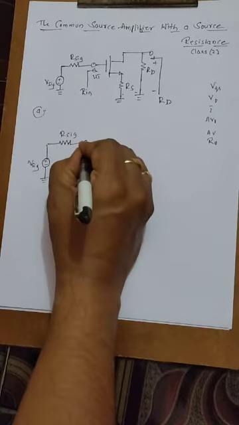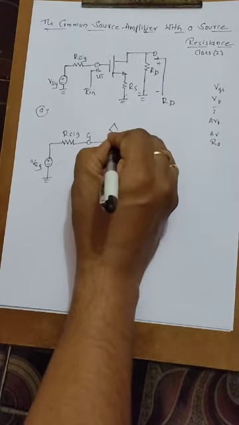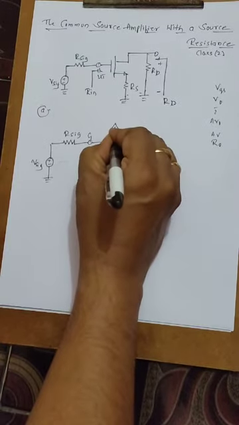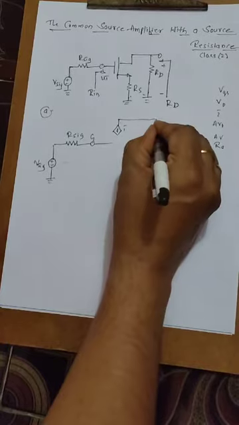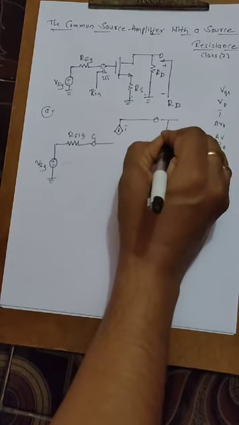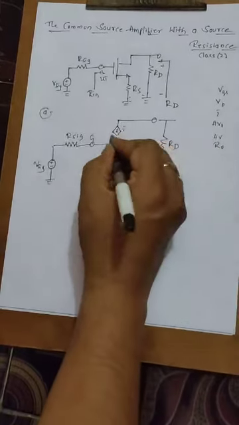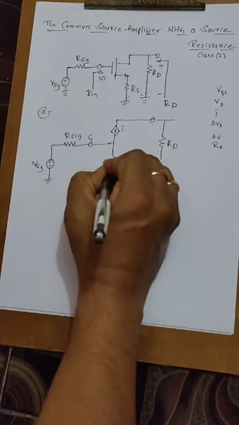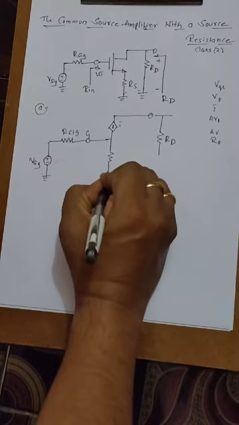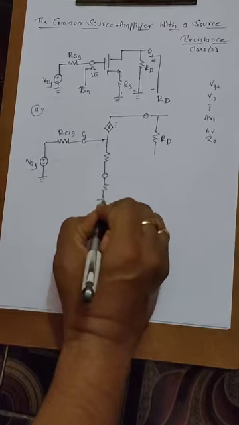This is our gate terminal with the current source I, which has been connected to the drain terminal, and across the output is RD, the drain resistance. The source resistance is added to the equivalent T model.